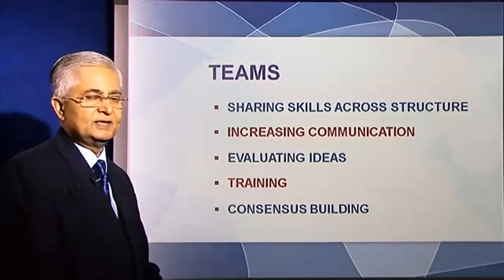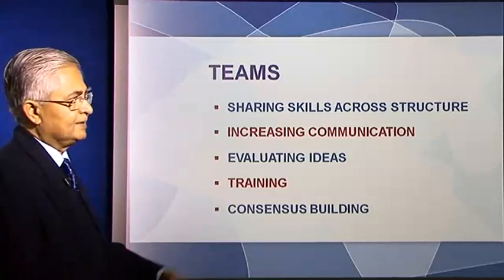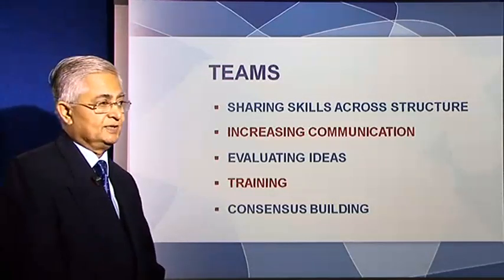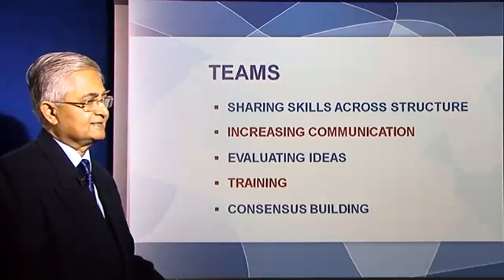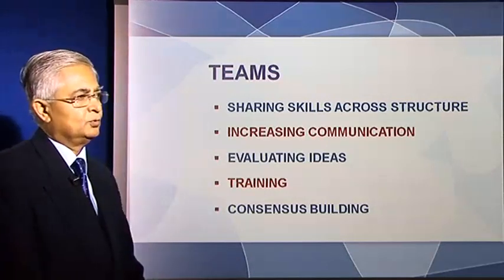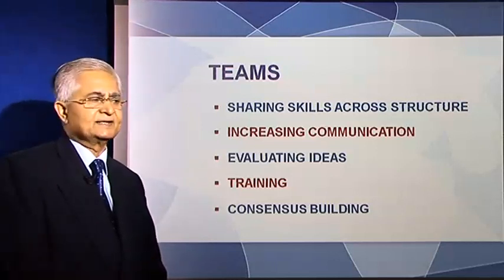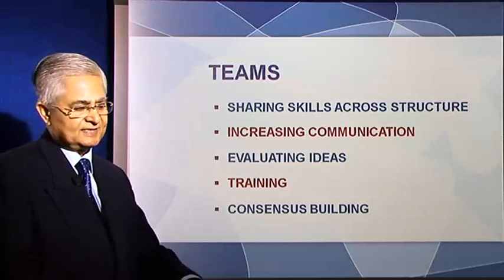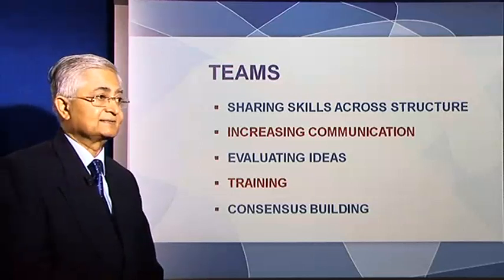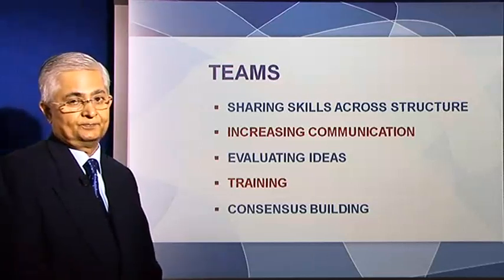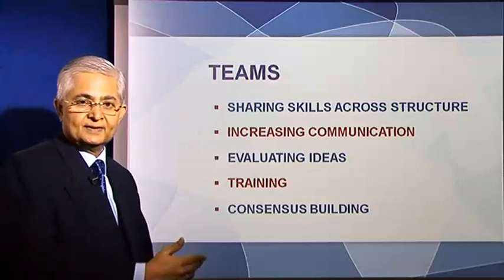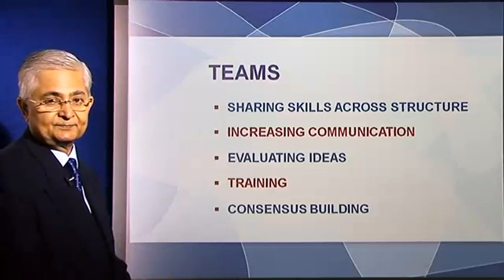To evaluate this idea, you need cross-functional skills for which a team may be constituted. Or the team may be formed for training. Now you need to train a group of people to achieve a certain task. You find that in the company there are a number of people whose IT skills are relatively backward. So such people are formed into a team. This is a team of people whose IT skills are relatively immature, and that team is constituted because they are going to be trained on more sophisticated IT skills.